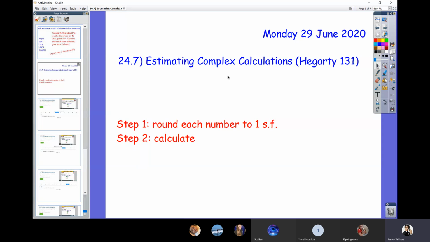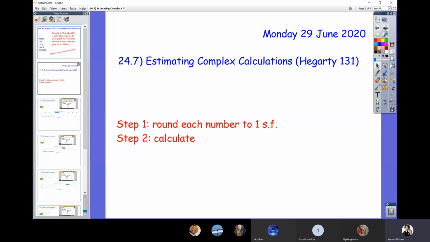When you get one of these questions, step one, every single number in the calculation, you round to one significant figure. Now remember what that means. It means that you're only allowed to have one digit which is not a zero. You can have as many zeros as you need, but you're only allowed one digit that is not a zero. Once you've made every single number in the calculation one significant figure, you then use those rounded numbers just to do the calculation itself.